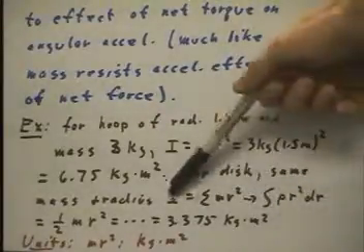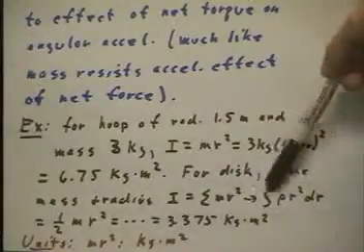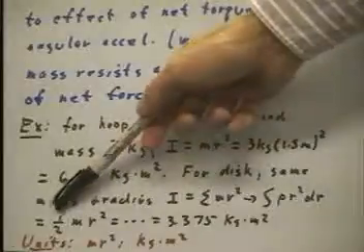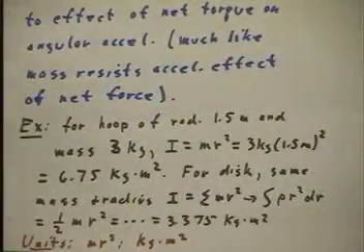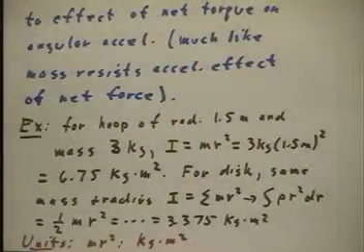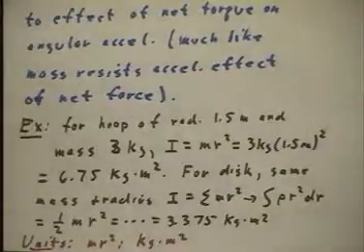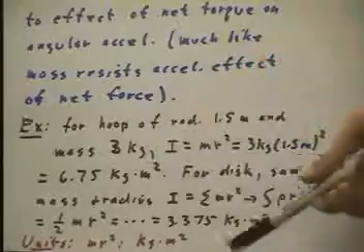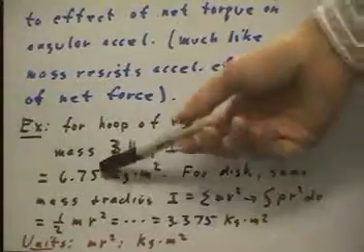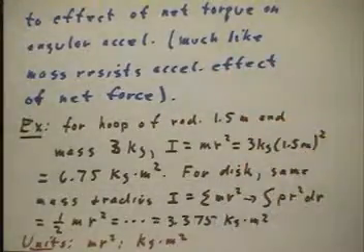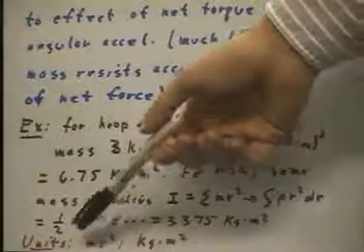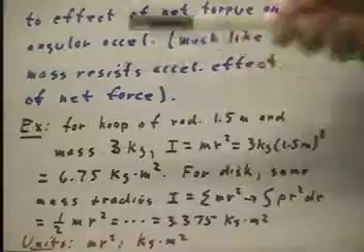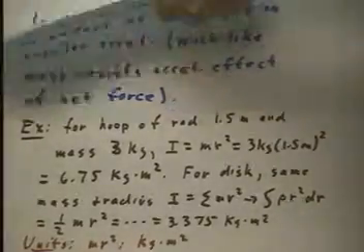In any case, the approximation was close to, and the integral was exactly equal to, 1/2 m r squared, where m is the mass of the disk. And then if we calculate that for the given radius and mass, we get exactly half of what we got before, 3.375 kilogram meters squared. Units are units of m r squared, which are kilograms times meters squared.